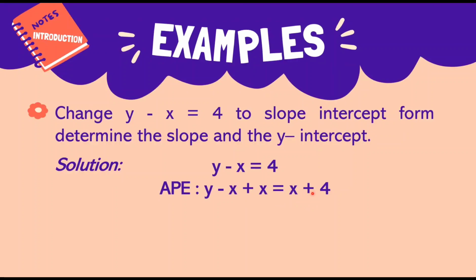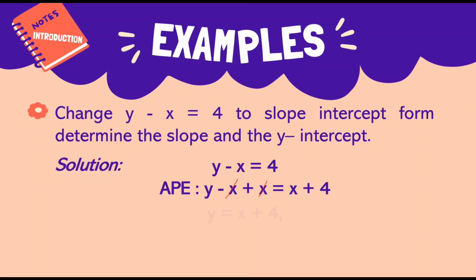Okay, let us have this. Since nag-add ako dito ng x, we have y minus x plus x. We can cancel this, pwede na natin siyang i-cancel, kasi 'di ba, negative x plus x, that is 0. Since 0 na siya, our remaining variable on the left side of the equation will be y.